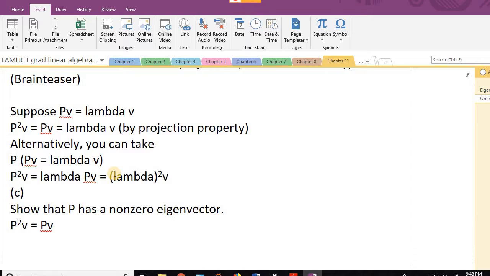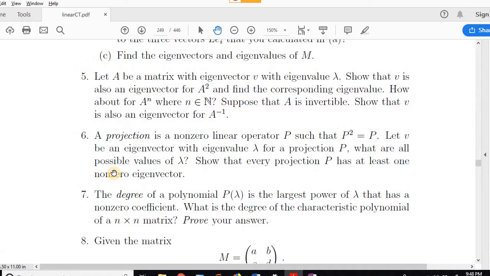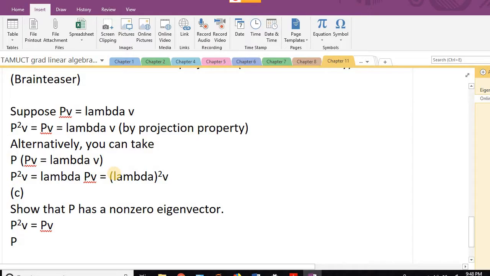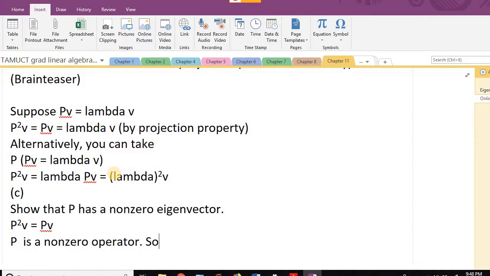We also know that P is a non-zero matrix, or a non-zero operator. So that means there must exist some vector V such that PV is not zero.